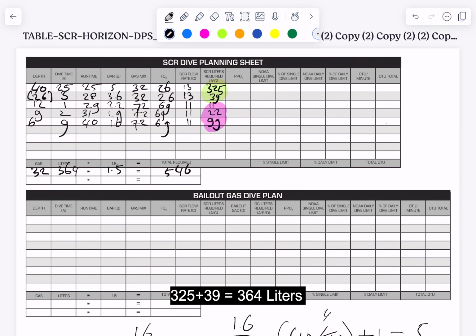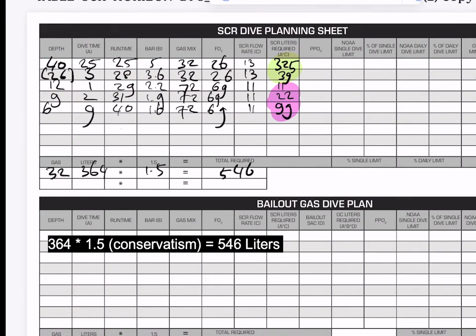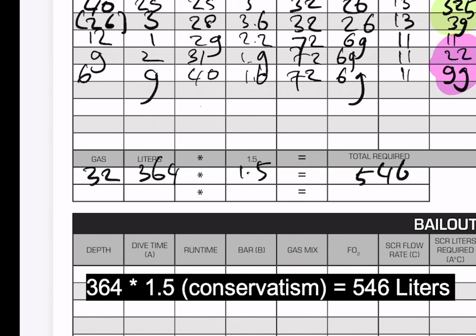325 plus 39. I'm just putting it in my calculator, plus 39 is 364 liters. What gas is that? It's 32%, right? The liters required, 364. Now here, you can add some conservatism if you wanted to.